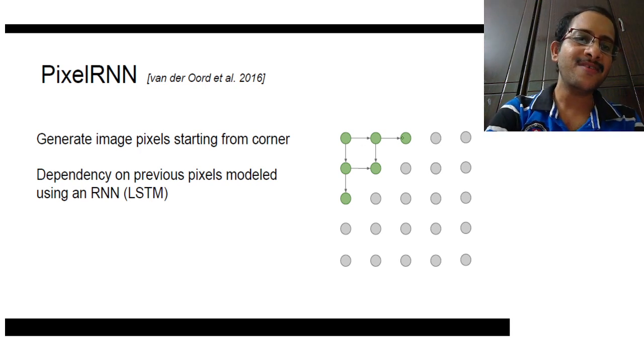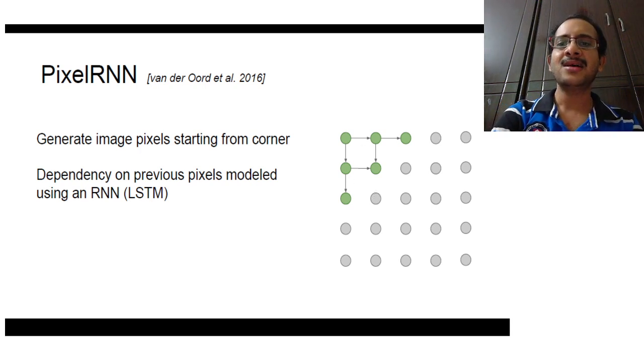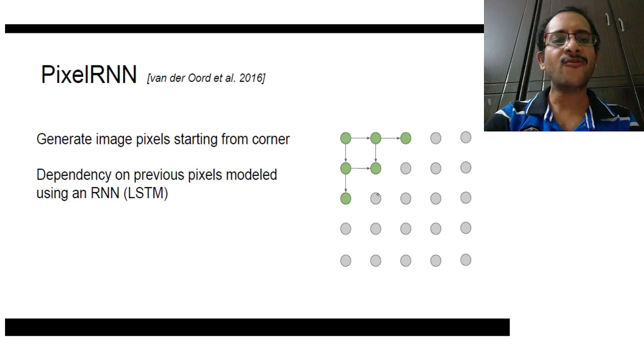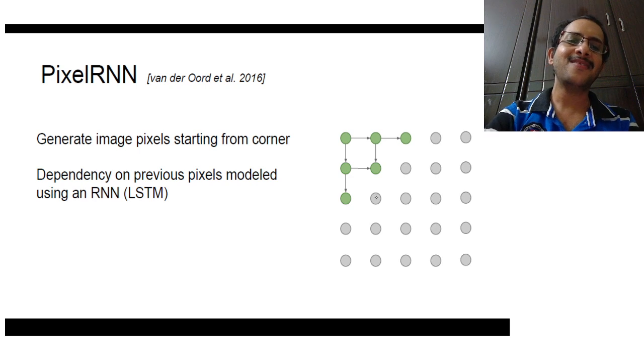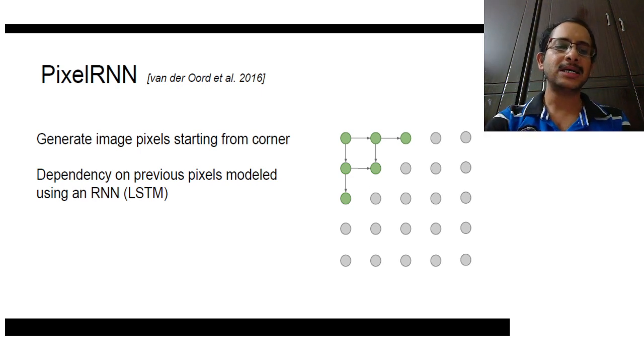So we use the previous pixels to generate the current pixel, or we define the likelihood of the current pixel with respect to the previous pixels, and the possible value of x that maximizes the probability p of xk given xk minus 1, xk minus 2, etc. will be the correct, highest probable pixel at that location.